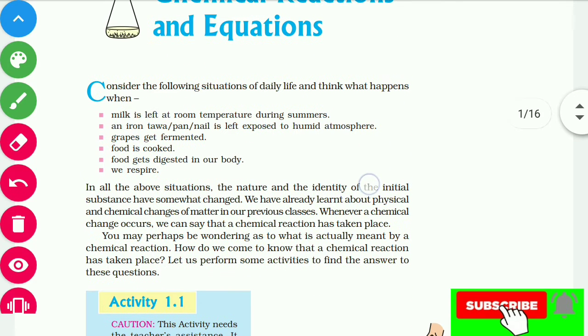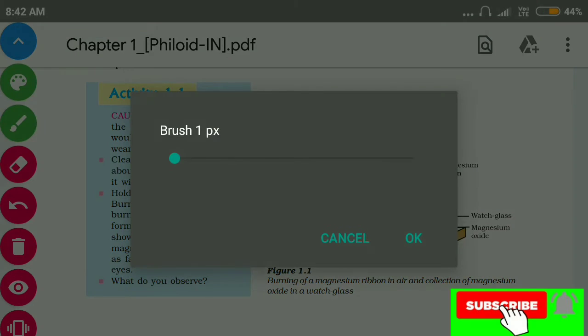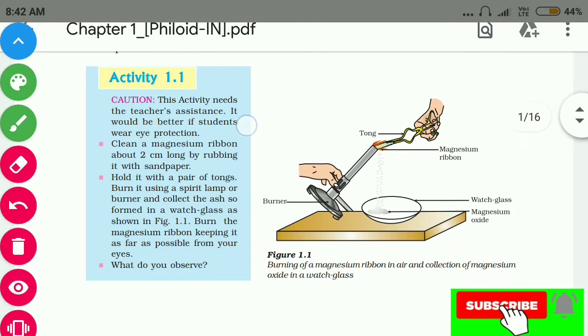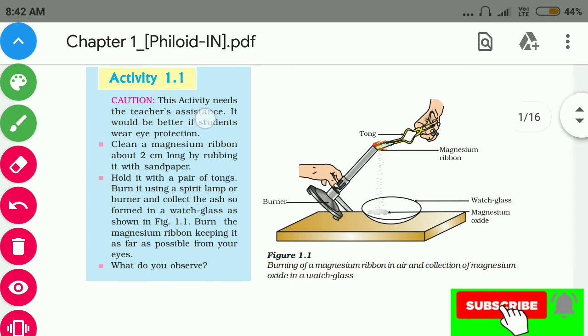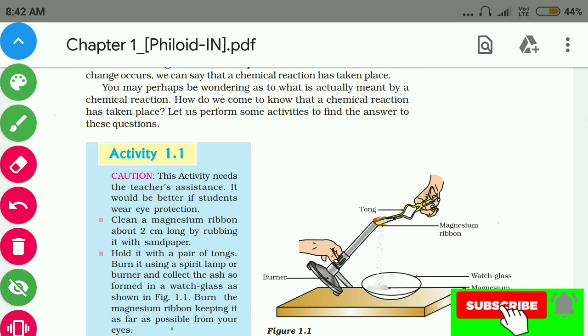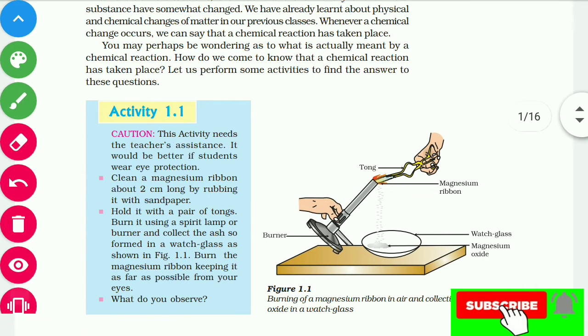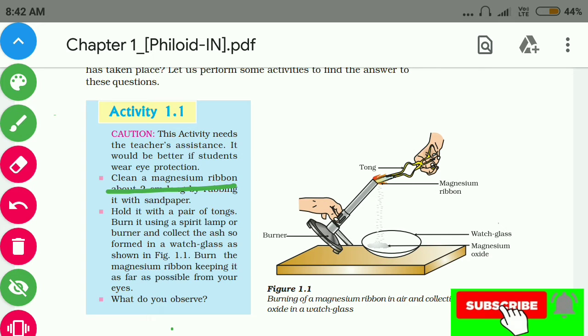So let us start the chapter with activity 1.1. This activity will be performed by your teacher in your class.